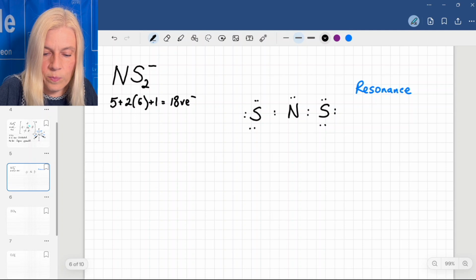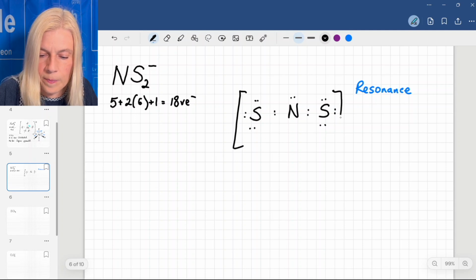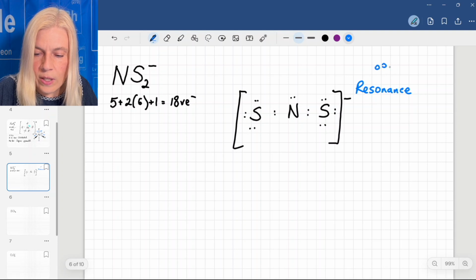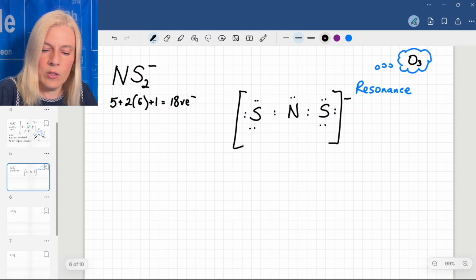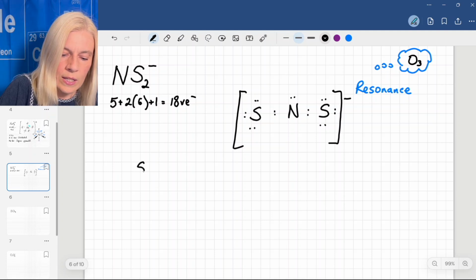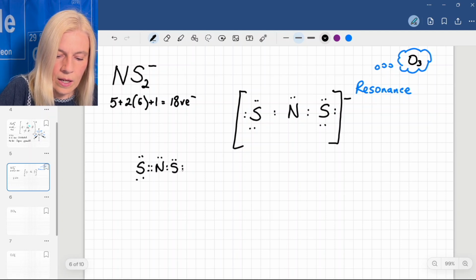So here is my resonance, and I need to put a bracket, but here is the thing. Again, thought process. What does this remind you of? Well, this reminds me of the ozone molecule that we had in a previous video. Very, very similar. So we can draw quickly our shapes.